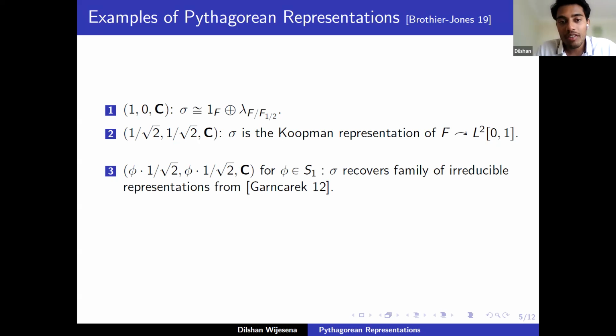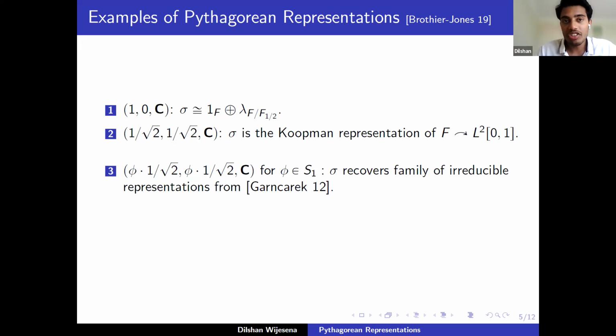And this is what I find quite remarkable: from the starting P module, which is one-dimensional, we're actually able to precisely recover the family of irreducible representations from Garncarek. So that's quite amazing, that just from this one-dimensional data and this Jones machinery, we can recover one of the 3 families of irreducible representations.